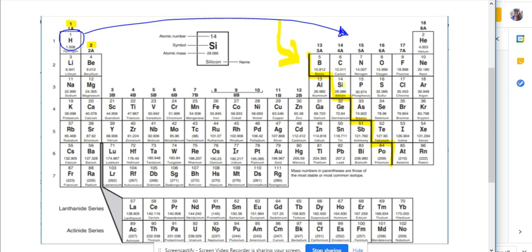Then we go over to our other main group elements, which are over here in the P sublevel. And what we're going to see is that all of 13 have 3 valence electrons, all of 14 have 4 valence electrons, 15 have 5, 16 have 6, 17 have 7, and then 18 will have 8.